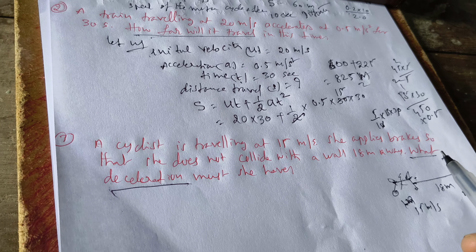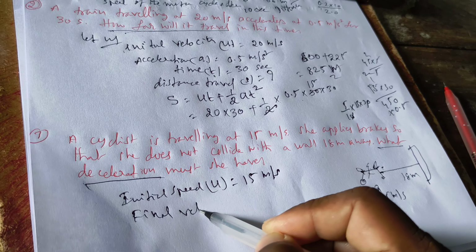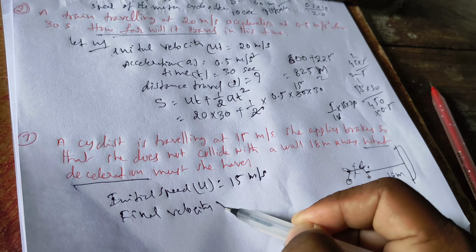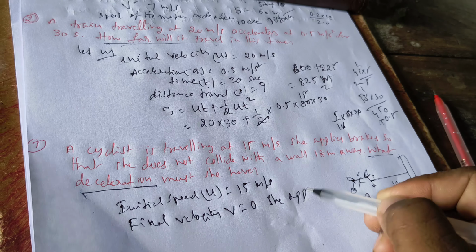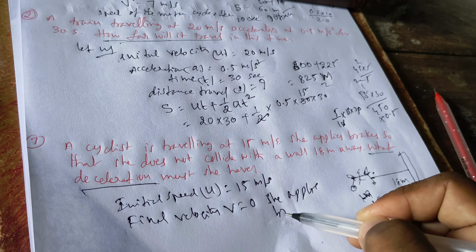But the problem gives initial speed or initial velocity u equal to 15 meters per second. Final velocity v equal to 0 because she applies brakes and stops. So she stops and there is no velocity or speed.